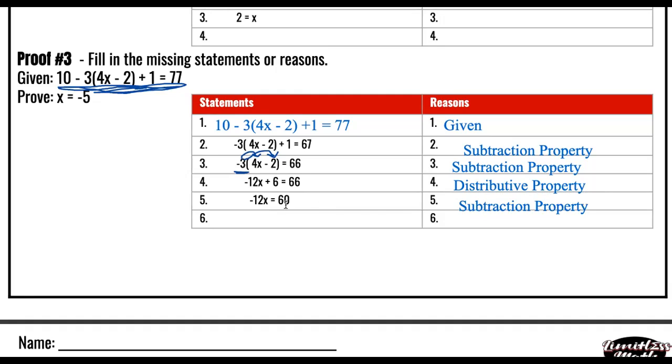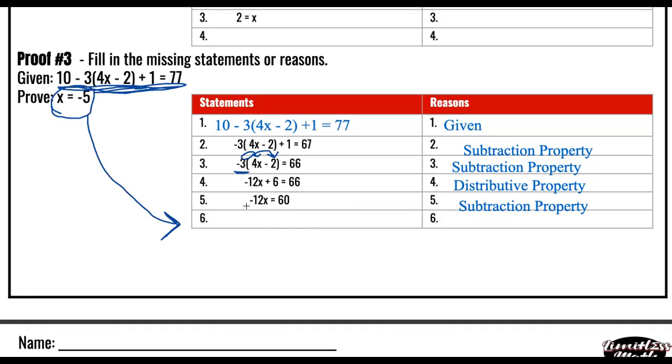All right, one more step. This time we need to create the statement. Remember, we're trying to prove that x equals -5. That should be the last line of your proof. Whatever it says prove, if you do your proof correctly, it should always be the last line of the 2-column proof.